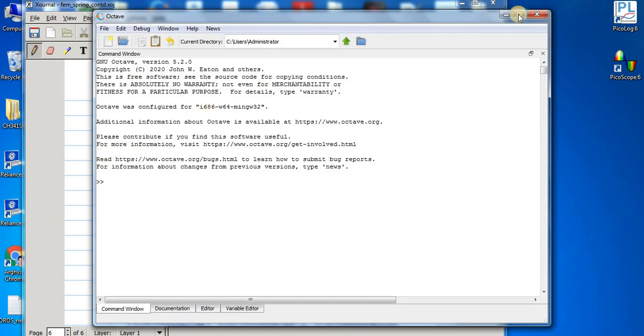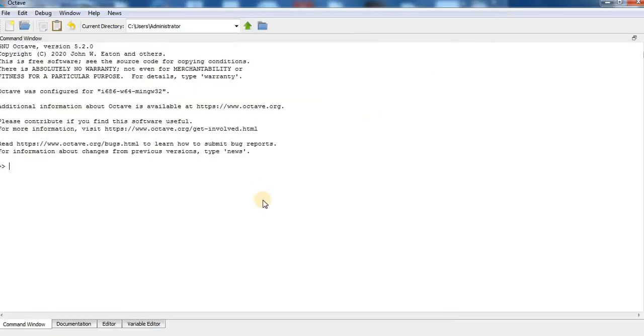So this is our Octave main screen, and here suppose you know how to create a matrix. So this is the first matrix we are creating, k equal to, I have shown you, this is 1000, then the next term is minus 1000, then 0 0. This is the first row. Then the second row is obviously minus 1000 and maybe 3000 coming here.